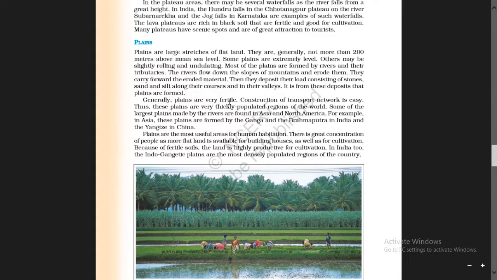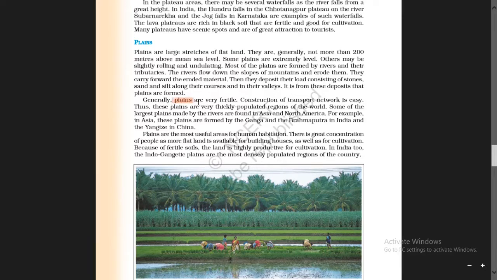Generally, plains are very fertile. Construction of transport network is easy. Thus, these plains are very thickly populated regions of the world. See here, it can ask, why are plains very thickly populated?